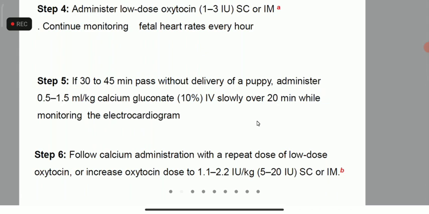You can count them when it is in the stop position, when it is not on. Once you put it on and the fan is moving, you cannot count the number of blades, because it is moving. The same thing happens here. The contraction and relaxation go in such a way that the heart becomes non-functional, and there is a chance of cardiac arrest. So that's why you can give calcium, but it should be given very, very slowly.